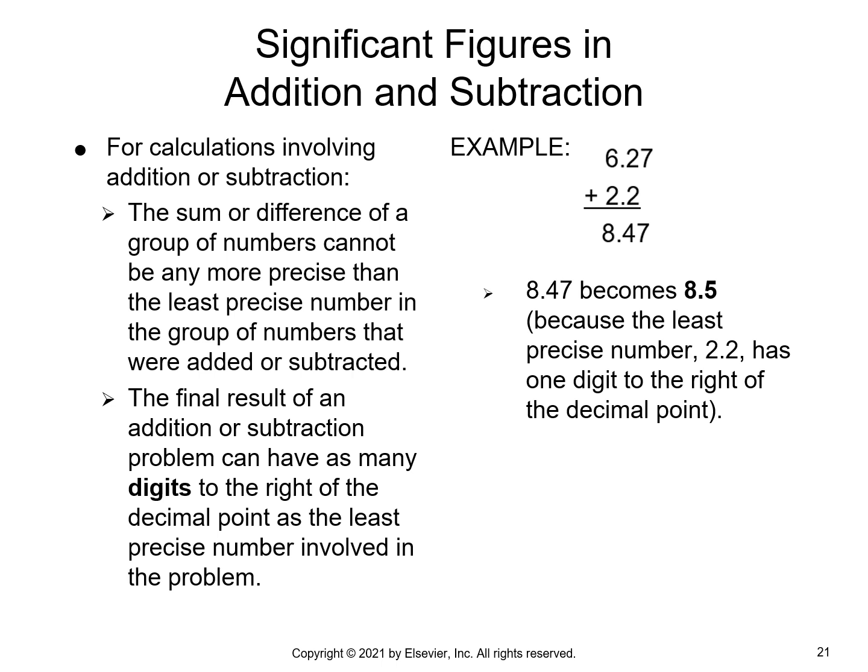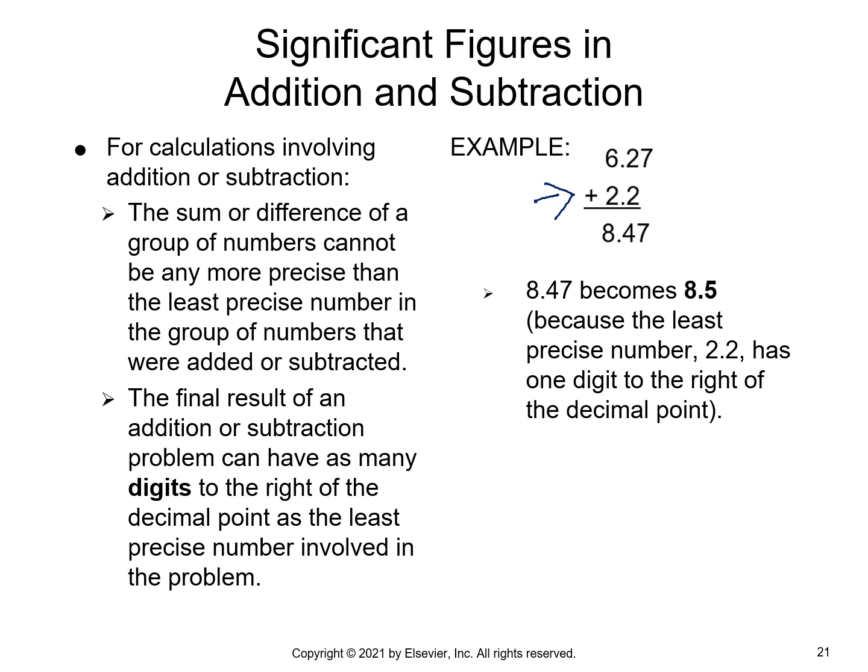In this example, our first number has 3 significant figures, whereas our second number has 2 significant figures. The second number is the least precise. Once we do our math, we get 8.47.